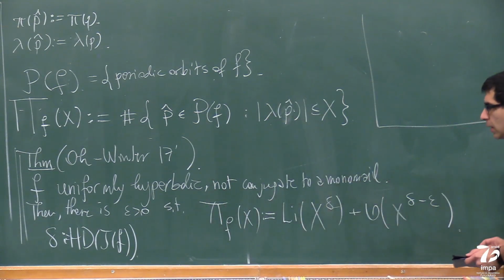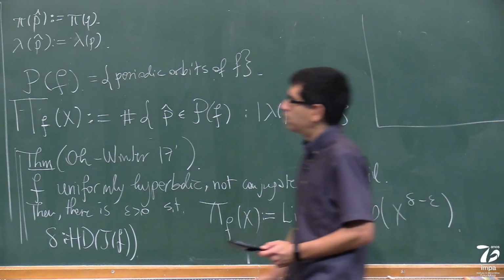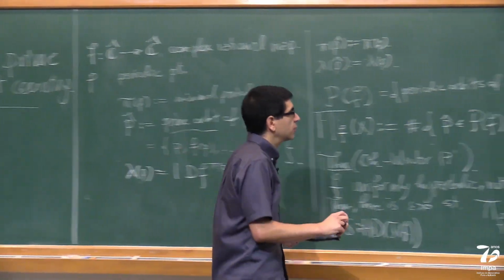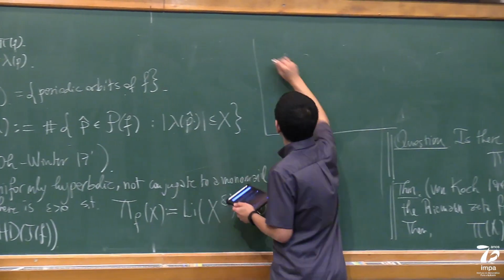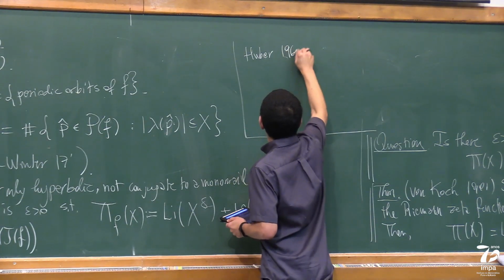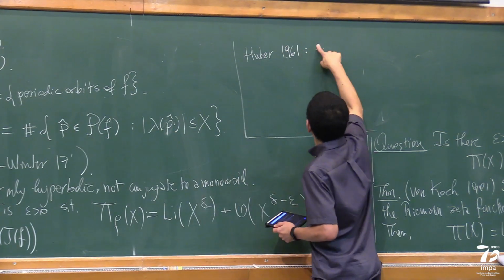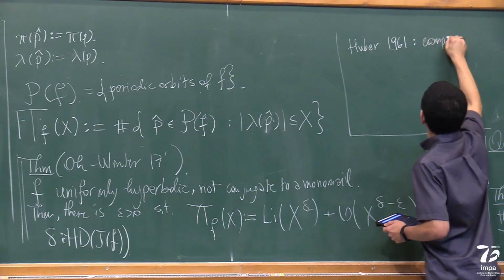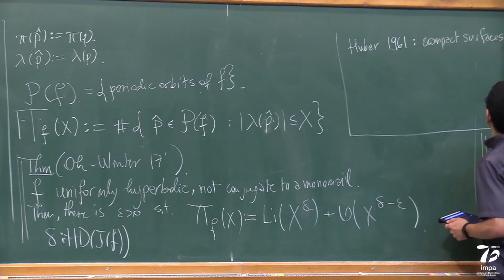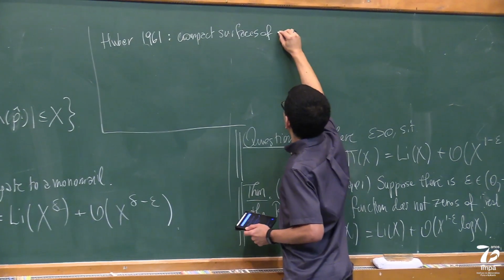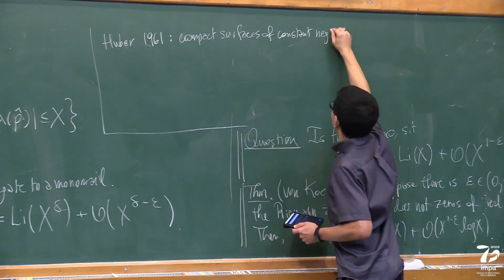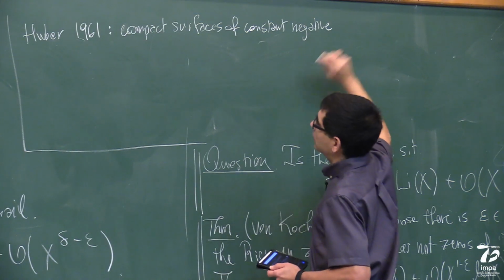Okay, so this prime orbit theorem, really the first result was by Huber in 1961, and that was for compact surfaces of constant negative curvature.